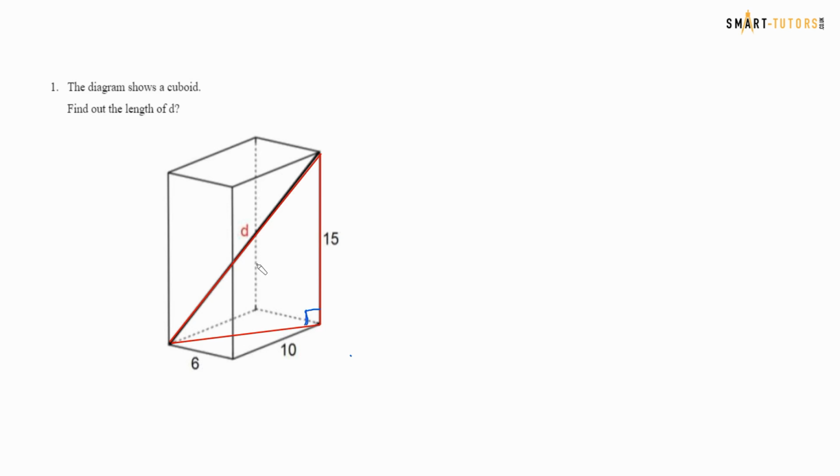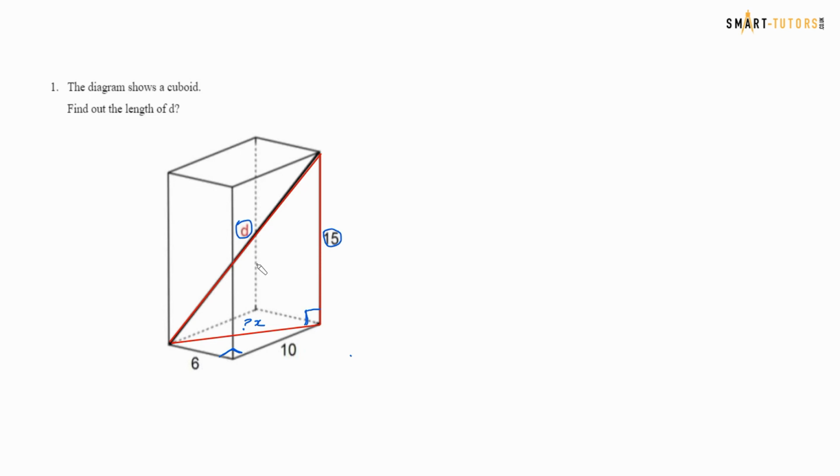If you want to find out the D, you have the 15, you need to find out this one. Let's say that is x. You need to apply the Pythagoras theorem for the bottom right angle triangle, which is a 2D Pythagoras.